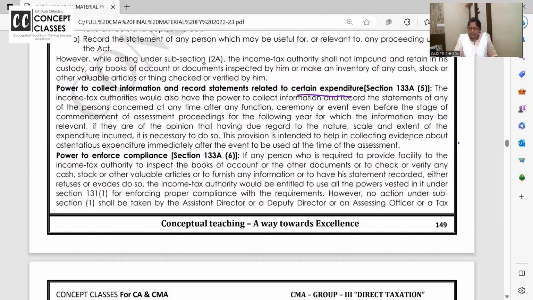This provision is intended to help in collecting evidence about other expenditure immediately after the event to be used at the time of assessment. ठीक है, right? So immediately after the function, यहाँ कहीं लिखा भी होगा, nature, scale and extent of expenditure. This provision helps collecting evidence after the event to be used at the time of assessment.